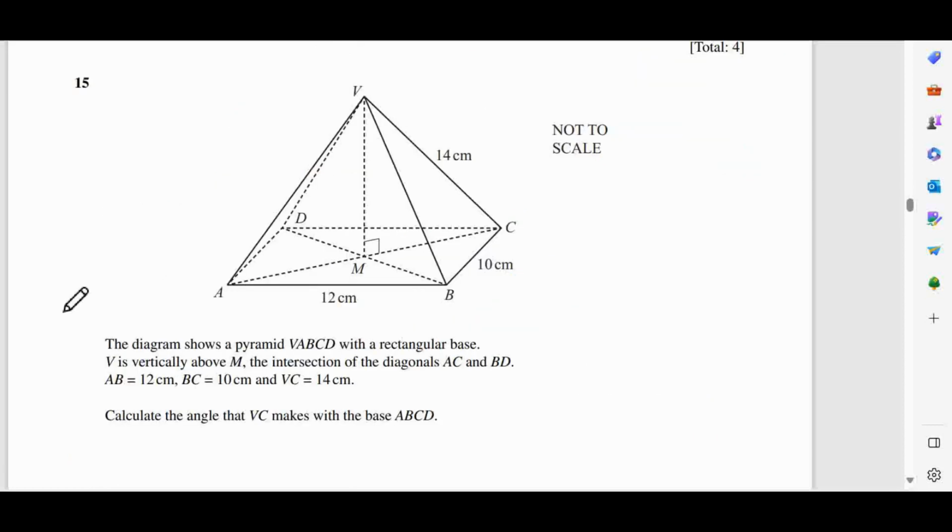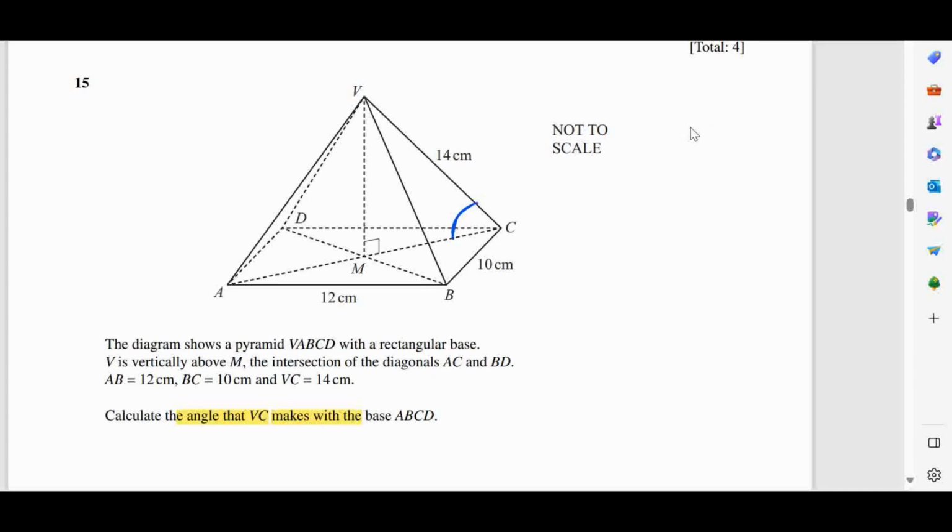This is the next question, a 3D question. Now the diagram is given to us. Calculate the angle that VC makes with the base. VC makes with the base means we have to calculate this angle.